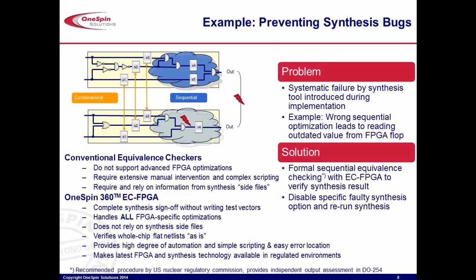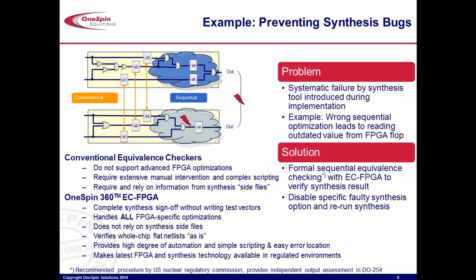So the synthesis tool performs the synthesis and maybe creates some side files to help the equivalency checking tool. But the whole point of equivalency checking is to be independent from the synthesis tool, because you don't want the synthesis tool to guide the equivalency checking to make the same mistake you made, and then they just say green light, but actually there is a problem. So one of the points of equivalency checking is really to have an independent check on the synthesis.